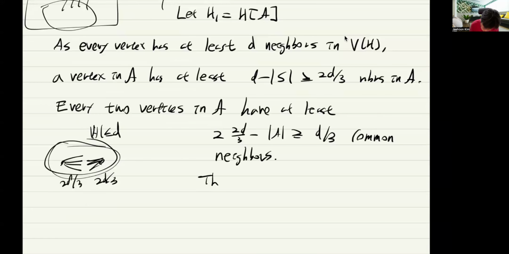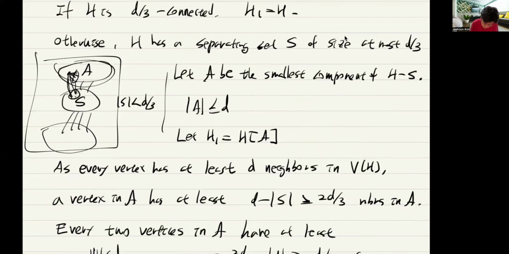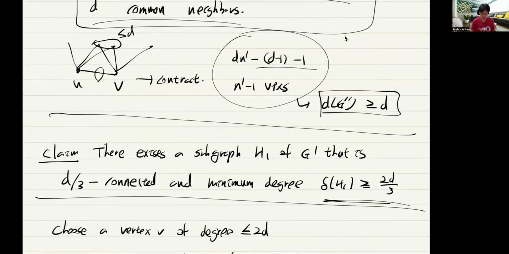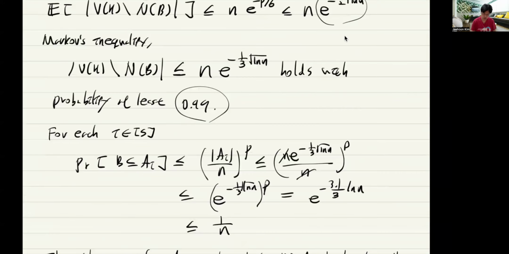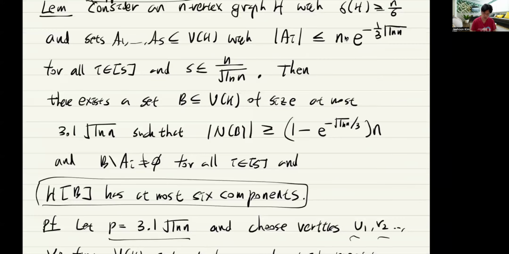Thus, it is D over 3 connected, as desired. So we have found the subgraph H1 which satisfies this claim. Now we are ready, and the remaining is just how we repeatedly apply this lemma.